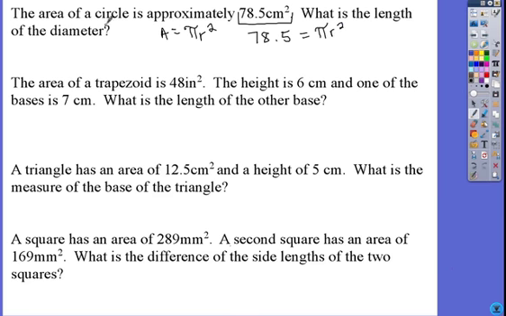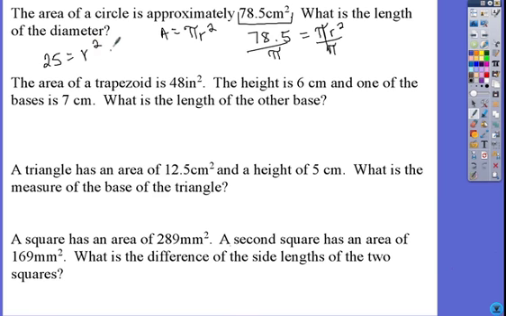The diameter, well, I need to find the radius first to be able to find that diameter. So, my first step is to divide both sides by pi. Remember that pi is 3.14. So, when I divide 78.5 by pi, I end up with 25. So 25 equals the radius squared.